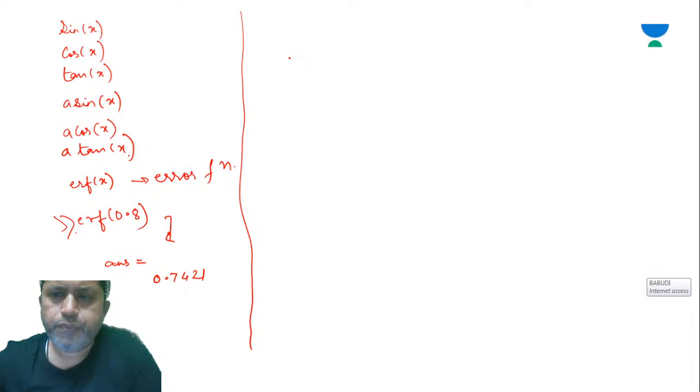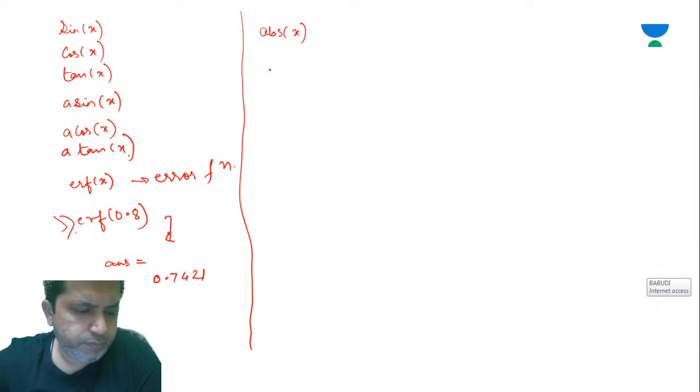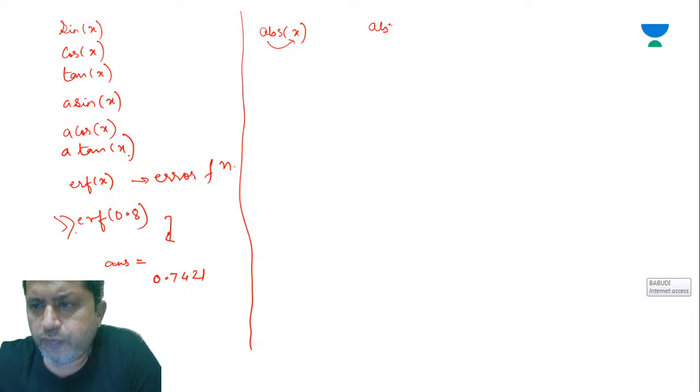Okay, so the first function is abs x. It computes the absolute value of x. Example: if I say absolute of -3 and press enter, the answer will be 3.